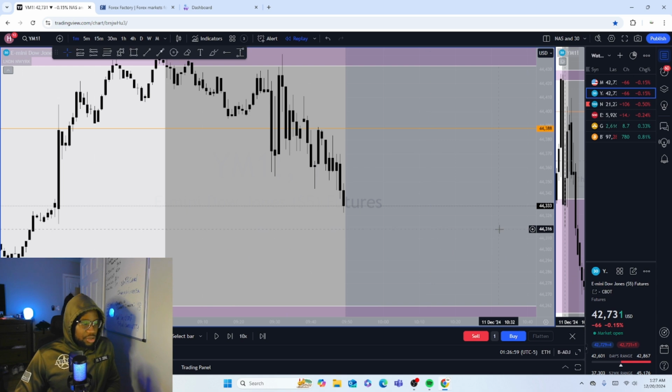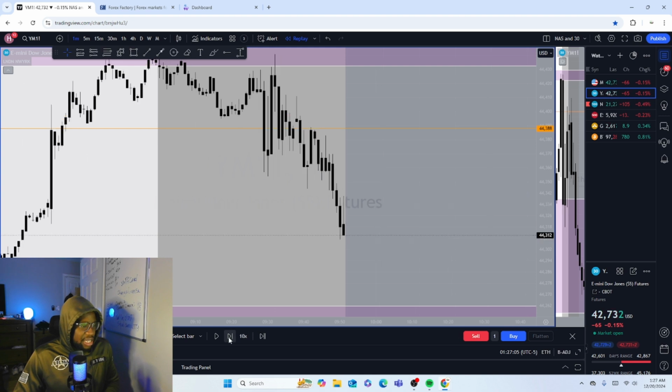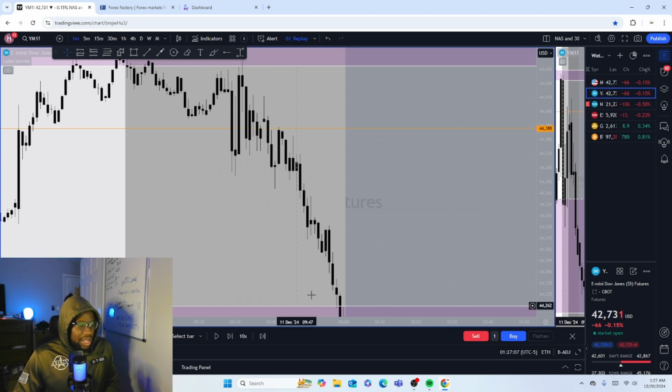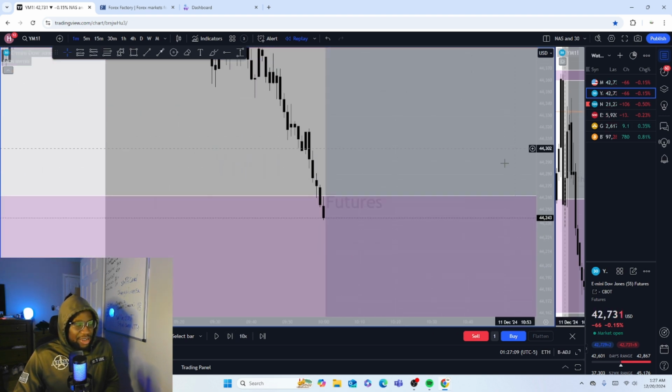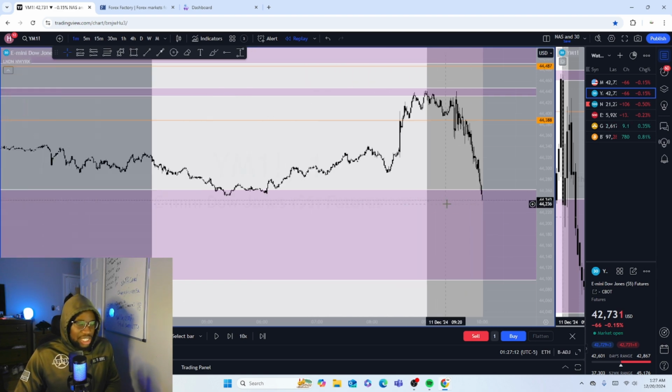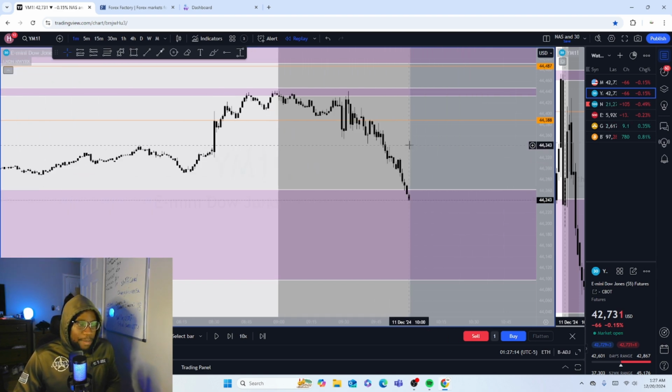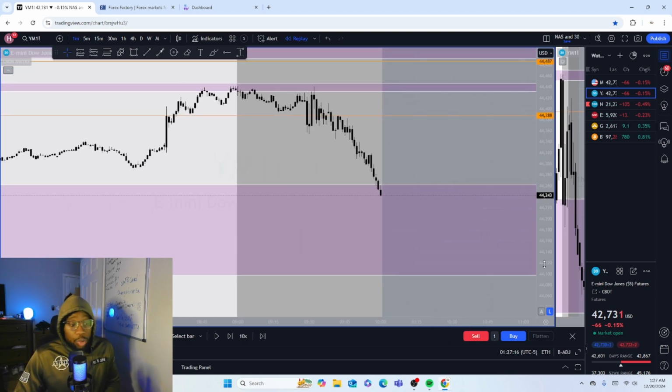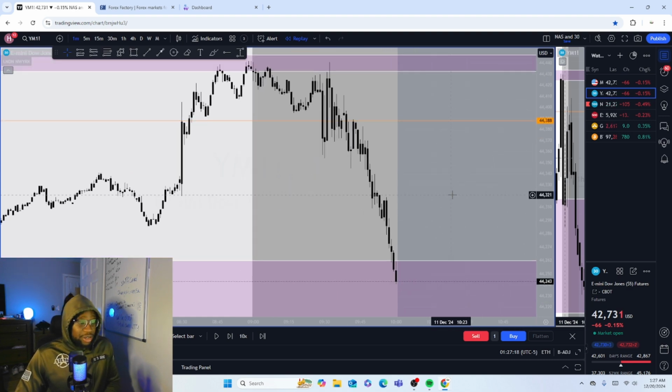Not this one. So I took the first one, but I didn't take that second one. Yep, it went all the way down into that next area of interest, just like how I like it, where I can put my money that the buyers are going to win.